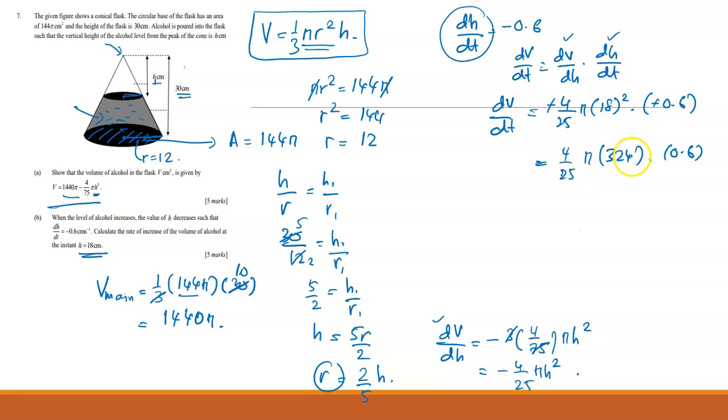Simplify all this and you should get 31.104 pi centimeter cubed per second. Centimeter cubed refers to the volume, and per second is the differentiation with respect to t.